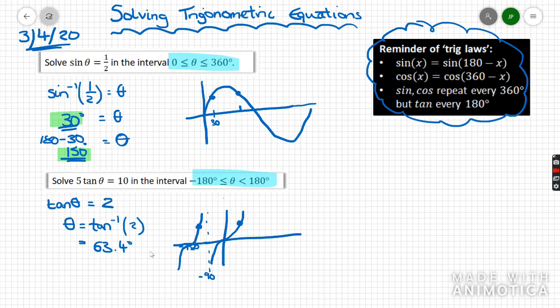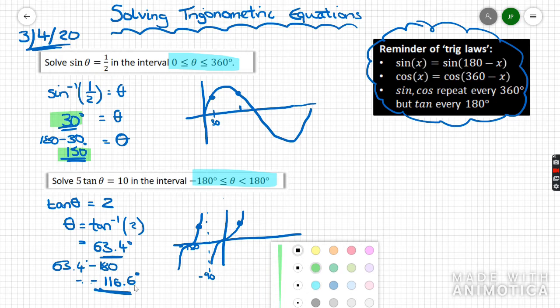So it's going to be minus 180 away. So I'll have 63.4 subtract 180, and that's going to give me minus 116.6. And they will be my two solutions.